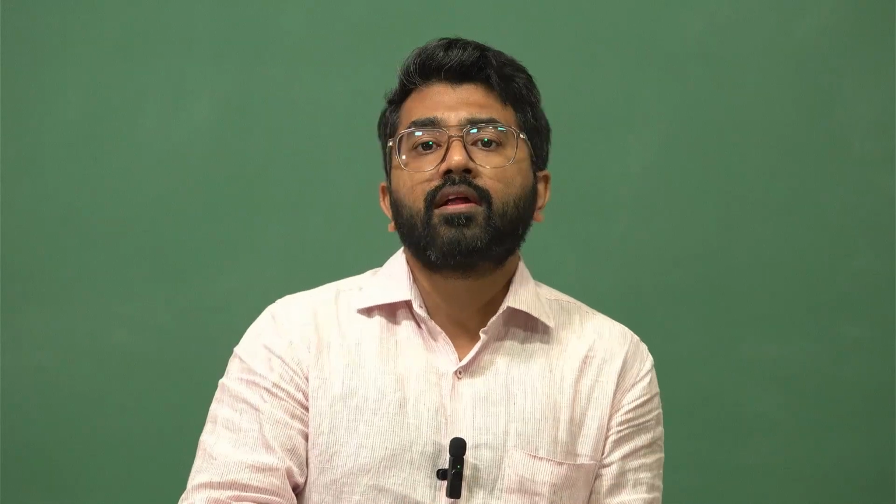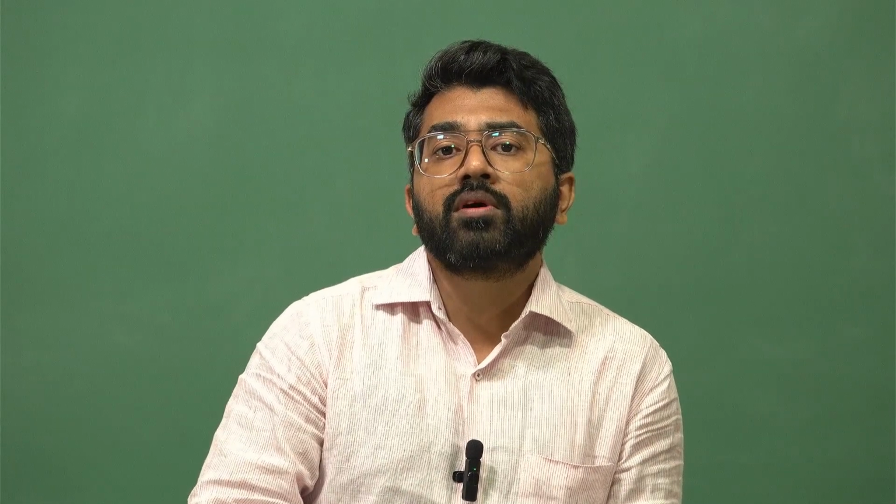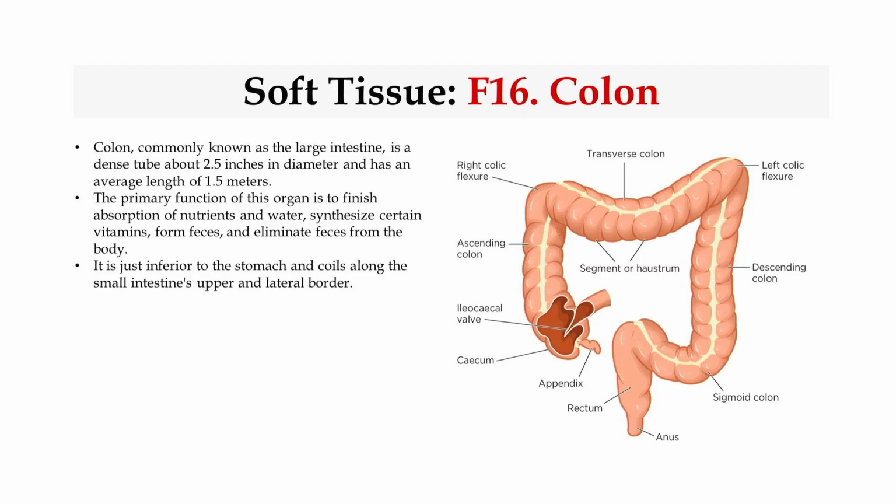Very interesting. This is all nicely coiled around in the abdominal region so that it could fit within this length. The primary function of this organ is to finish the absorption of the nutrients and water. The absorption of nutrients and water starts well within the stomach, but as the food goes through different levels of churning from the stomach to the colon, you are looking at further absorption of the nutrients and water.